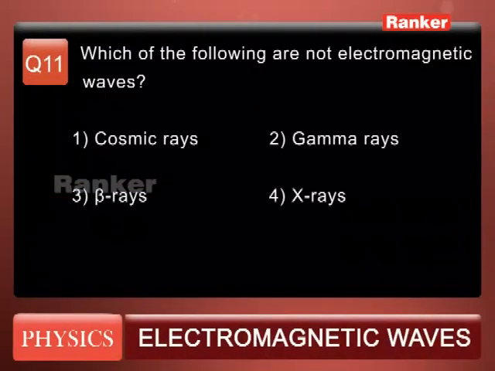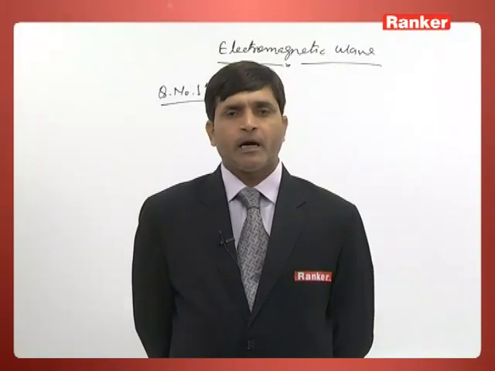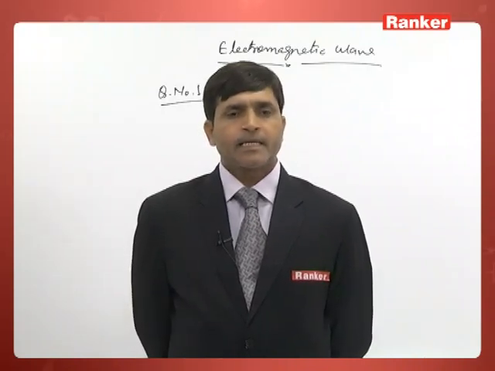Question number 11. Which of the following are not electromagnetic waves? The first option cosmic rays, second option gamma rays, third option beta rays, fourth option X rays. In these four options, except one, all three are radiations.